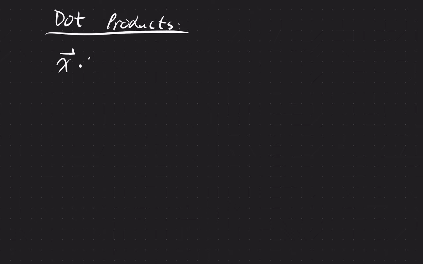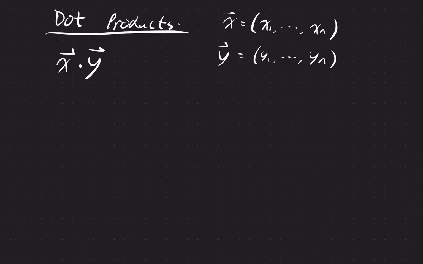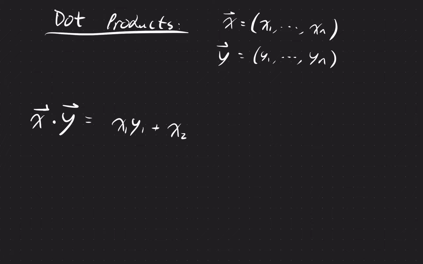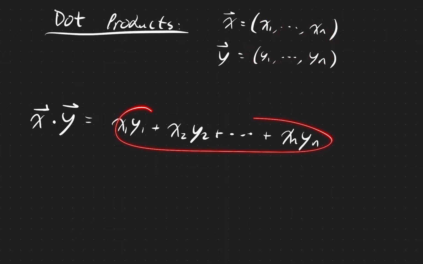If x and y are vectors, which I'll define this way, we define x dot y as x1y1 plus x2y2 plus all the way up to xnyn. Now this is going to output a single real number. It will not output another vector. Don't make that mistake. It's going to be each of the components multiplied together and then add them all up.